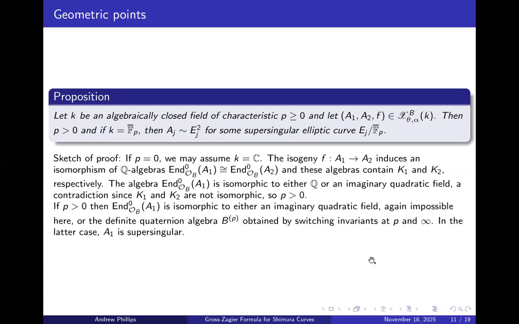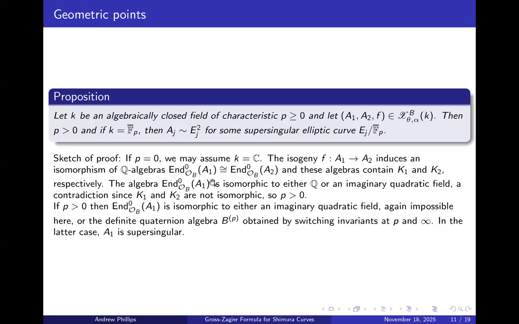The basic idea is that we can't have points in characteristic 0, because if you have an isogeny between A1 and A2, it induces an isomorphism between the endomorphism algebras. We already know there's CM structure, so K1 and K2 embed into these algebras.